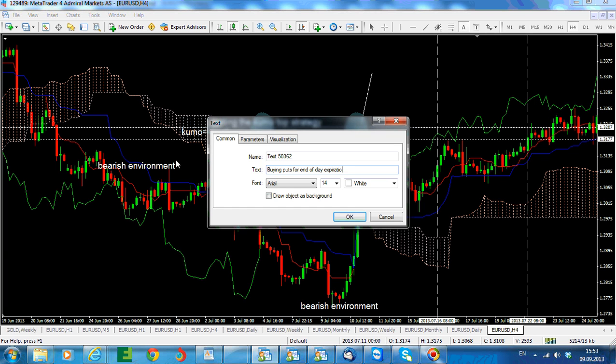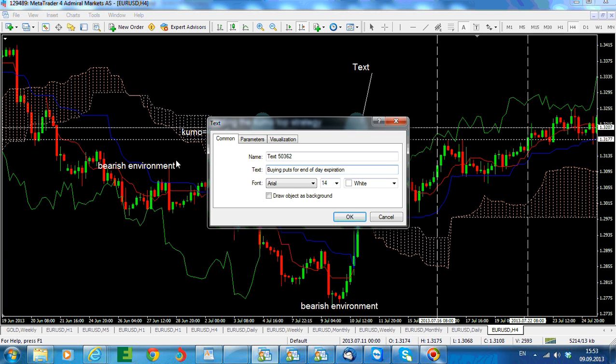Why end of day? Because this is a 4-hour chart, and it depends very much on the moment in time this is happening. If this is happening with only one candle before end of day, then you might decide not to use end of day, but 1 hour or 2 hour expiration, depending on whether the fixing is done on the market.